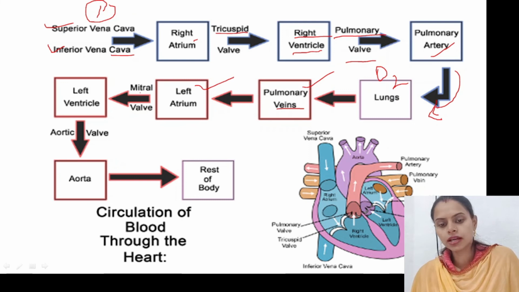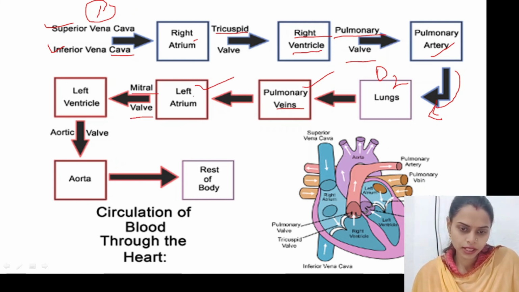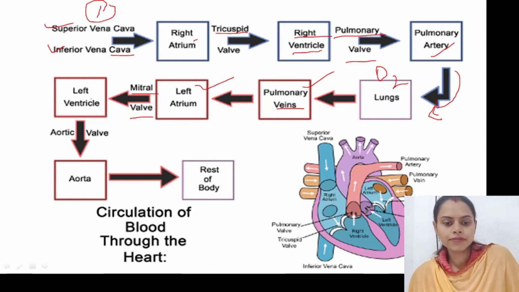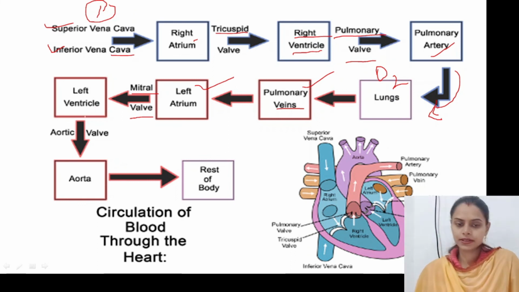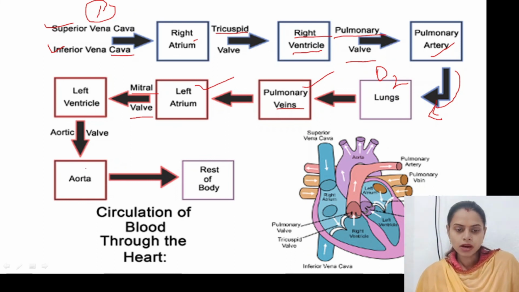After that, by means of the mitral valve, left atrium blood will be pumped to the left ventricle, and from the left ventricle it will be pumped out into the aorta by means of the aortic valve.